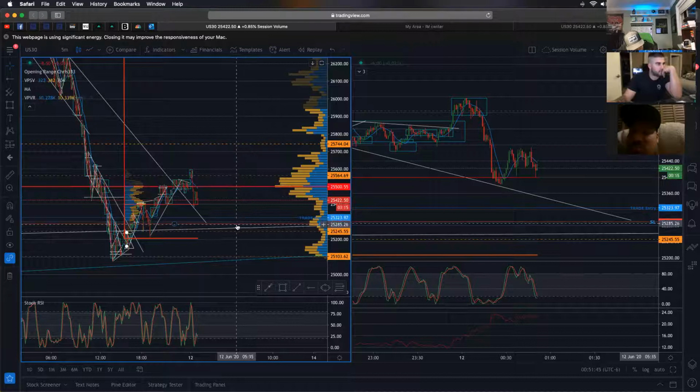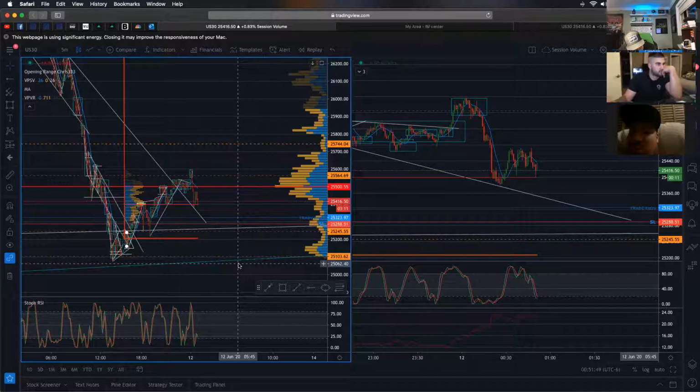Scalp sell, TP here or here. I just have to watch it and see how it moves.